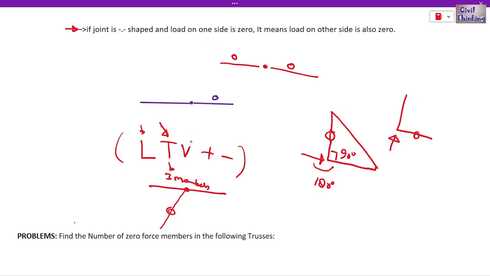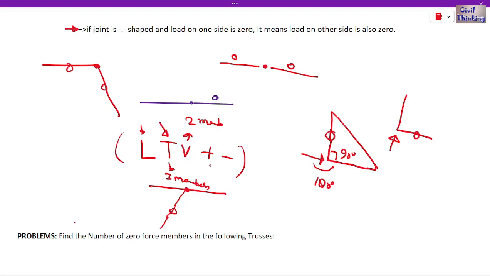Then we have V, which is about two members which are not making 180 degrees, not collinear, and there is no applied load or support at this point, then both of them are 0. In case of T, only this is 0.